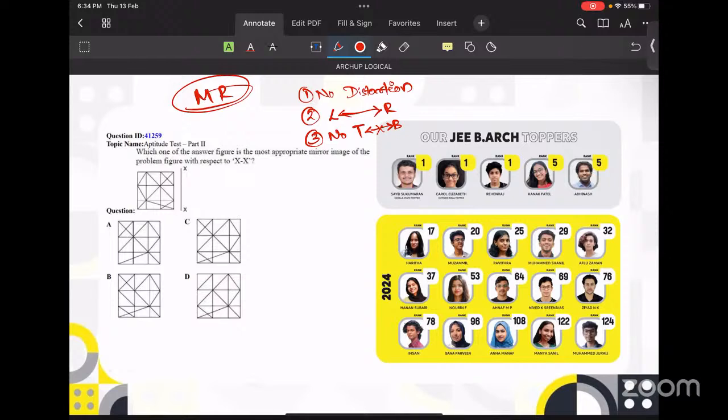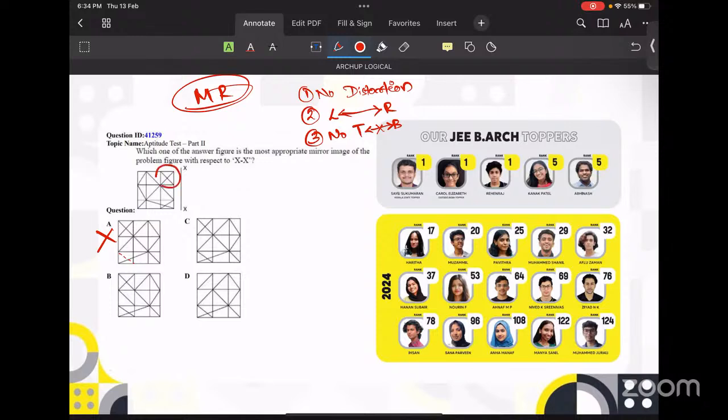Over here, which of the answer figures is the most appropriate image of the problem figure with respect to XX dash? You can look for the distortions first. Every line we should consider. This particular thing should go to the left. It is on the right now, it should go to the left. That means our line should be here. Actually, it is missing. Option A, distortion gone. Over here, we can look for the other differences.